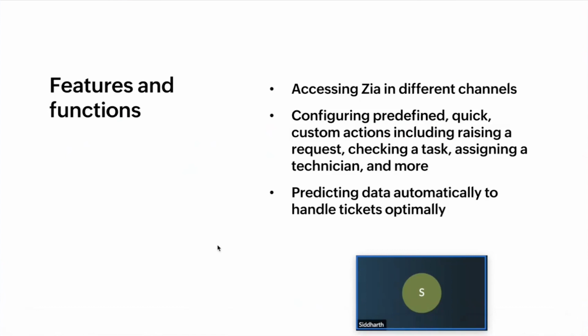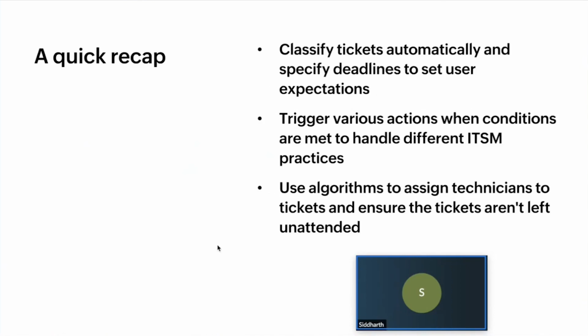So we have arrived at the end of this session. We saw how Zia can be accessed and how there are predefined custom actions like raising a request, checking a task, and how Zia would be able to predict data automatically for various ticketing operations. So a quick recap, we started off with the basics of a request and how it's handled across its life.